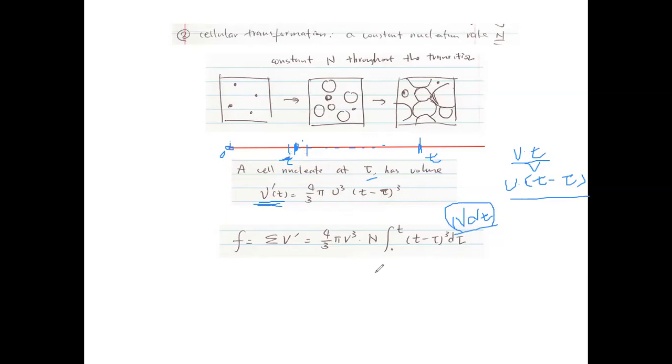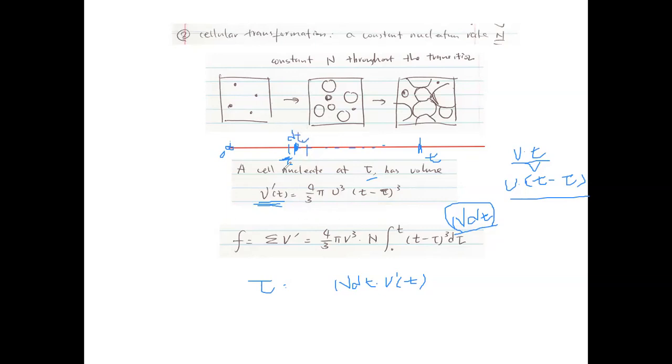So for time tau, how many particles do I have? I have this number of particles, but each particle is going to have this volume, which is v prime t. This is only for a very small interval near tau, dt.